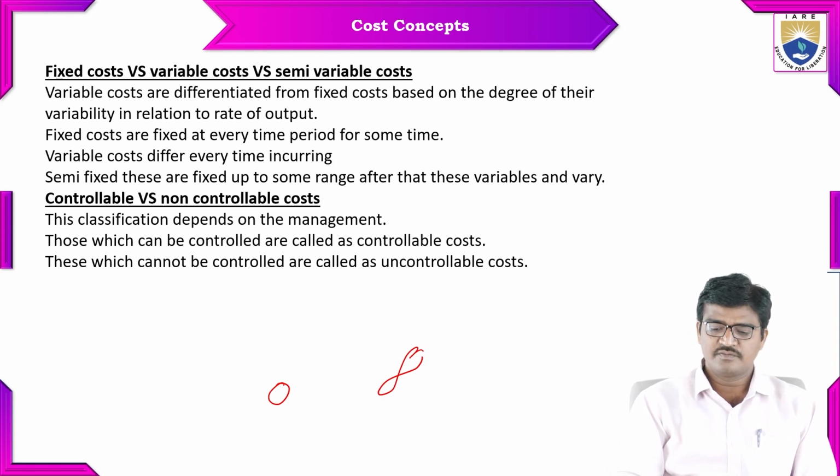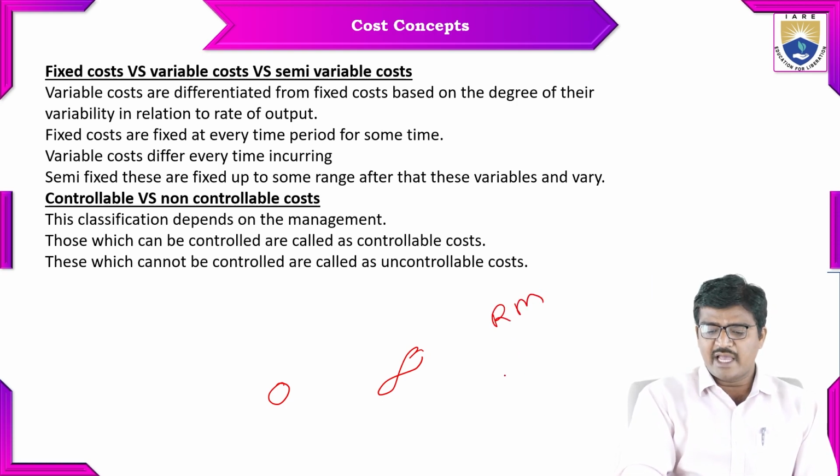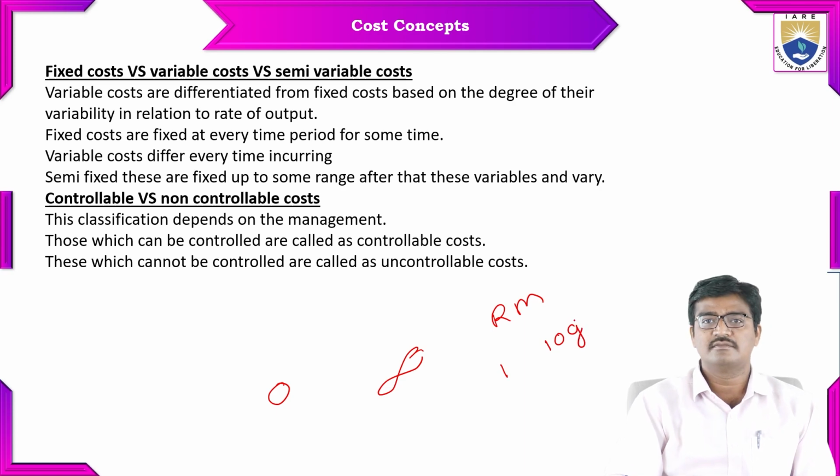For example, take the example of raw material. If you manufacture 1 unit, the standard quantity of raw material consumption is 10 grams. Assume like this. So if you manufacture 1 unit, you need 10 grams of raw material.